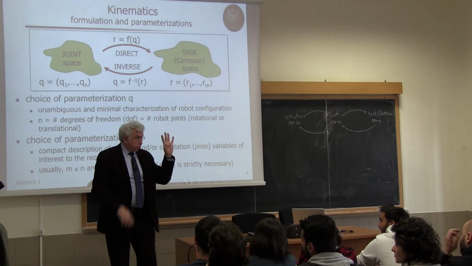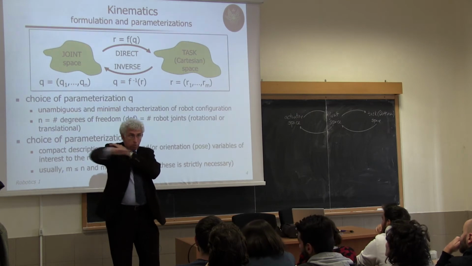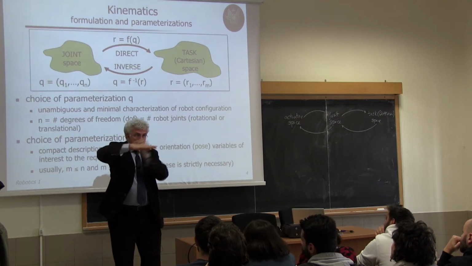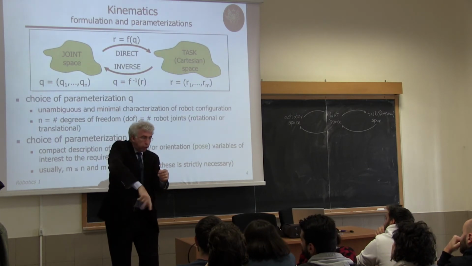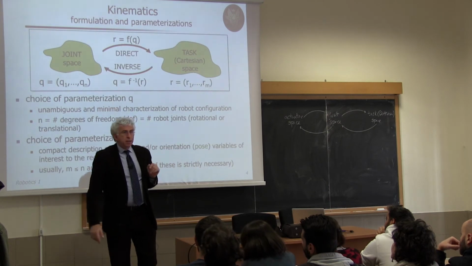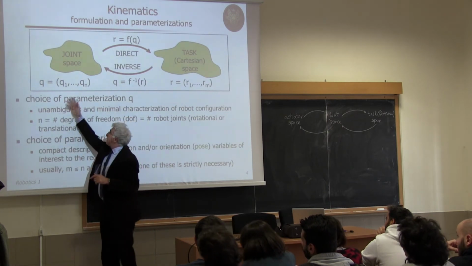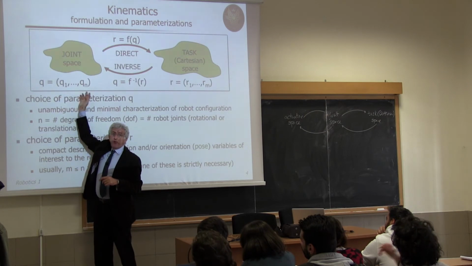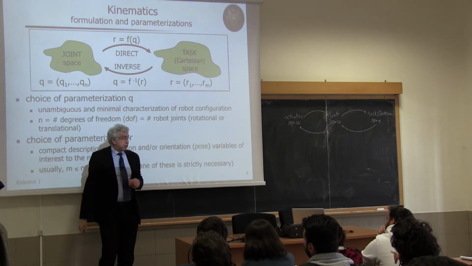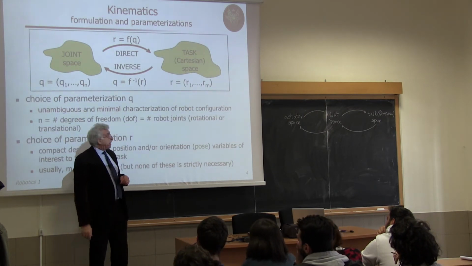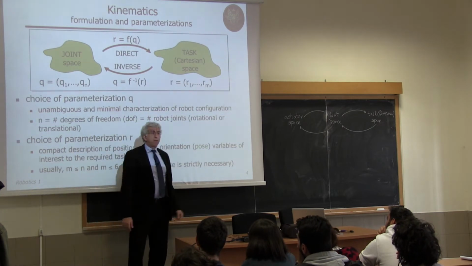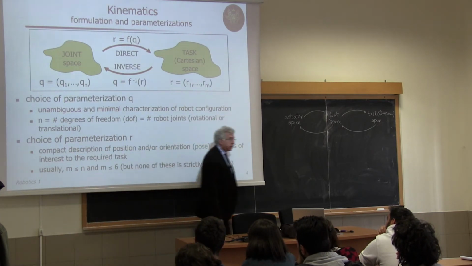N is equal to 4. Remember, 1, 2, 3, and 4. So I may have a kinematics which maps the 4 variables in the joint space of a SCARA to the 6 variables of position and orientation of its end effector.